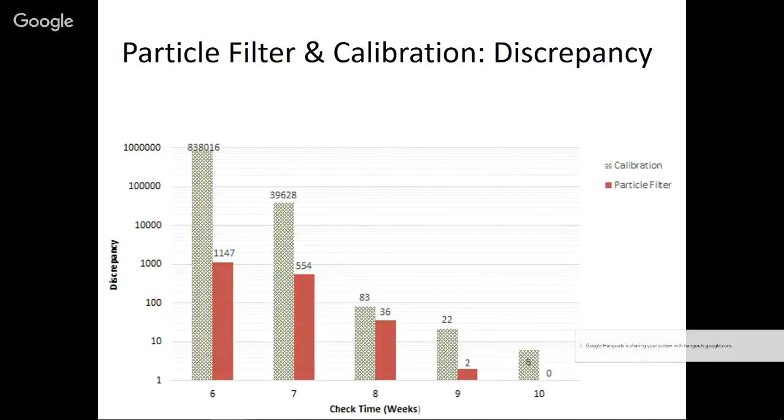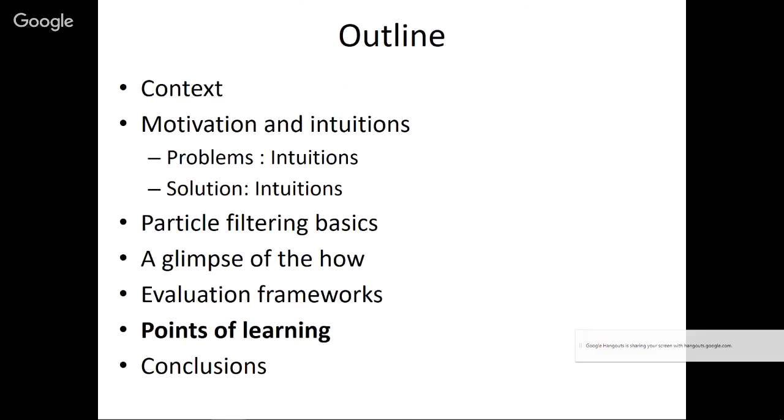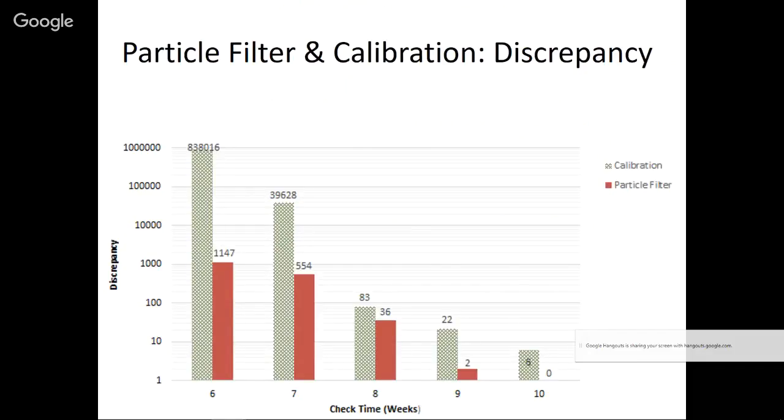Suffice it to say, this is not a case study presentation, but in terms of error metrics, particle filtering has demonstrated a degree of accuracy when you combine a simulation model with particle filtering that is far beyond what we see with traditional calibration methods. You can see here, this is a log scale on the y-axis, and we're comparing error with particle filtering shown in red with error with calibration for the same model, same data.